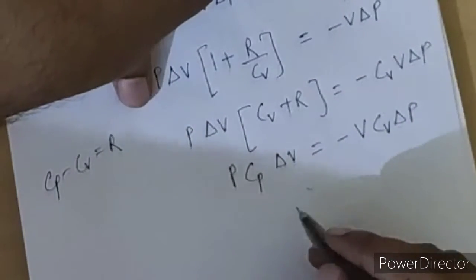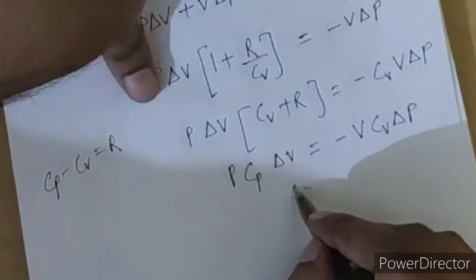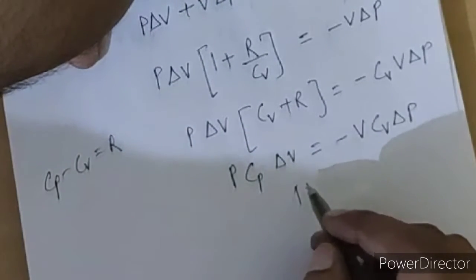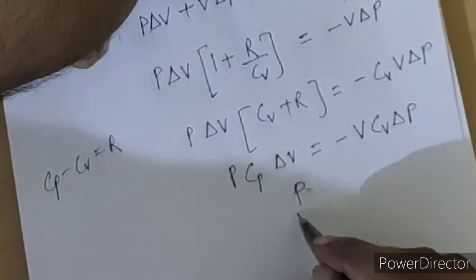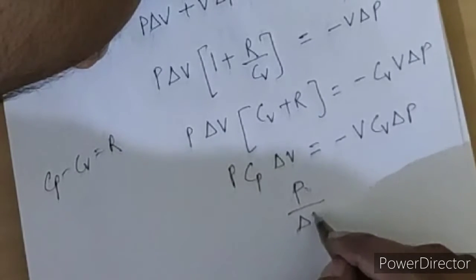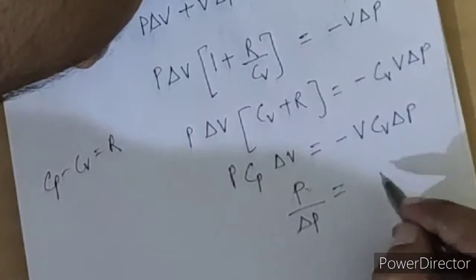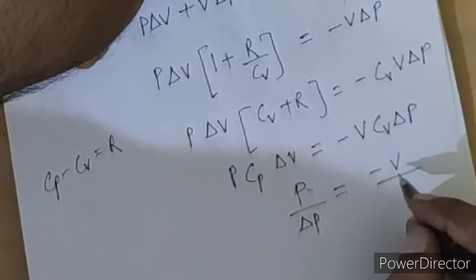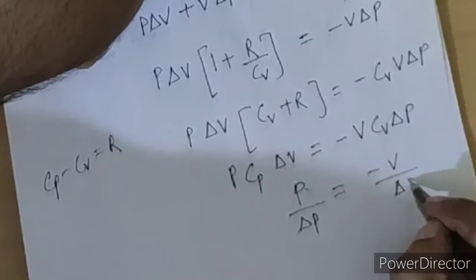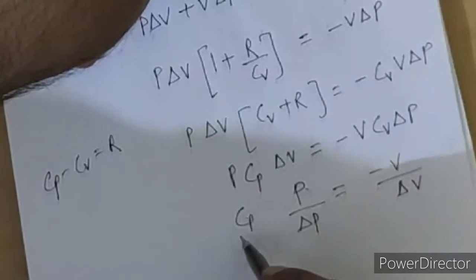So we can have P by delta P is equal to minus V by delta V, and this is Cp by Cv.